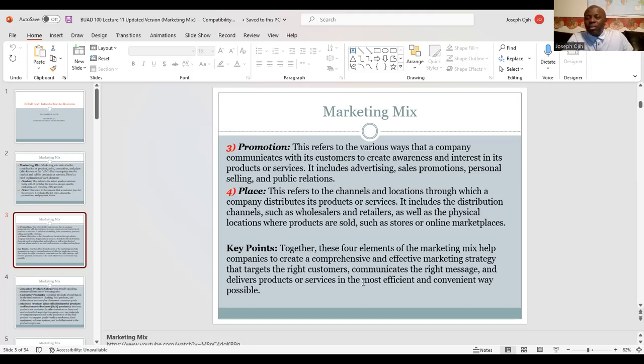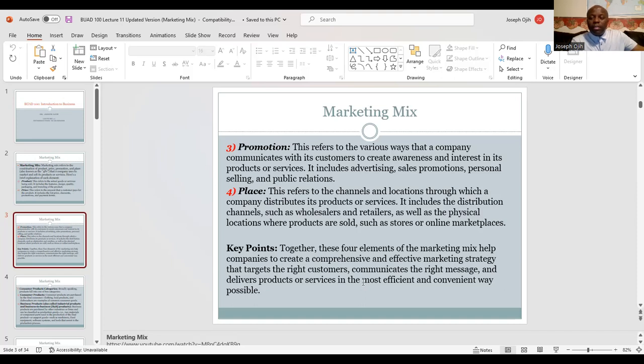So any activity or action that a company takes to communicate to its customers, to create awareness of their product, their features, their quality, their price, and basically the intent is to create interest to make the customers want those products. So when it comes to promotion, things like advertising, sales promotion, personal selling, and public relations come to mind.